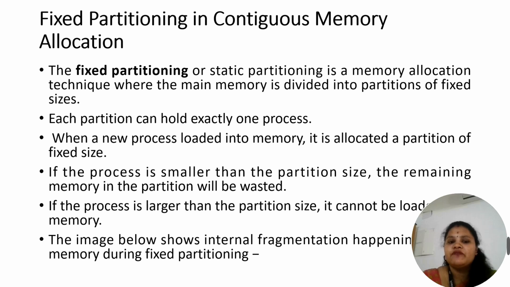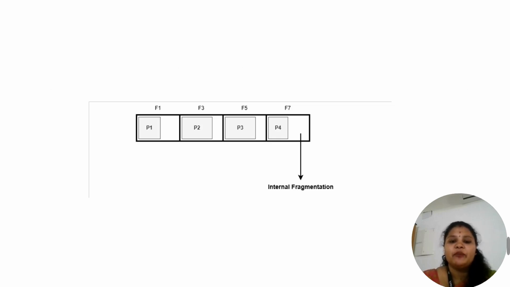If the process is smaller, the remaining space is wasted. If it is larger, it cannot be held in memory. In this way, internal fragmentation occurs. If you see processes P1, P2, and P4 here, after P4 there is internal fragmentation in the fixed partitioning.